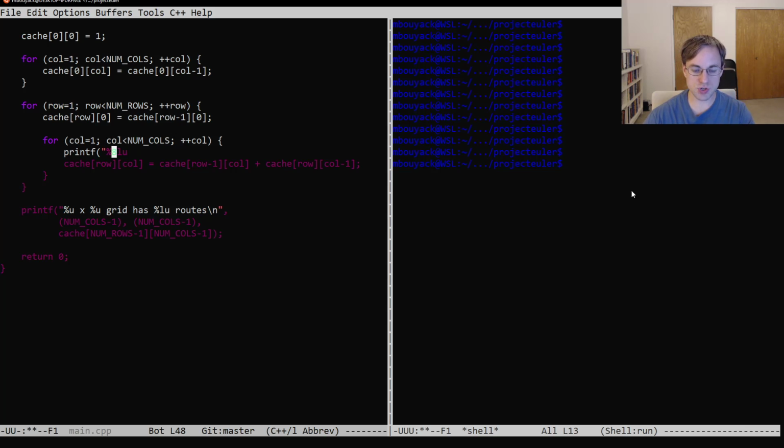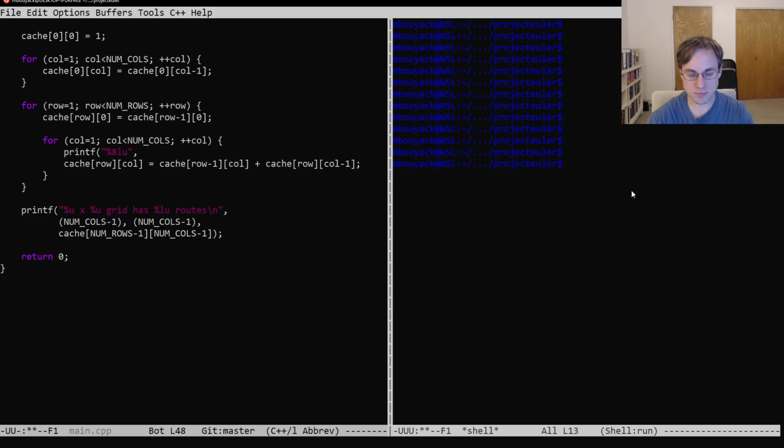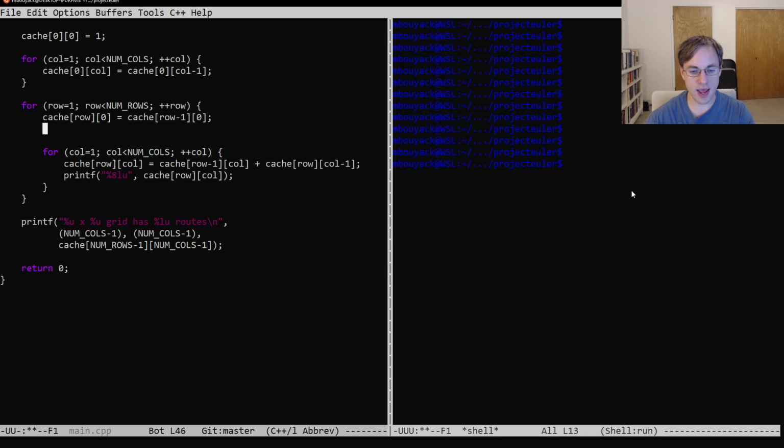The 8 should just be to make it aligned to an 8-character boundary. So we'll say %8lu. We'll want to do this after we actually fill in the value. And we'll say cache row column. We'll also need to do that here at the beginning of the row.